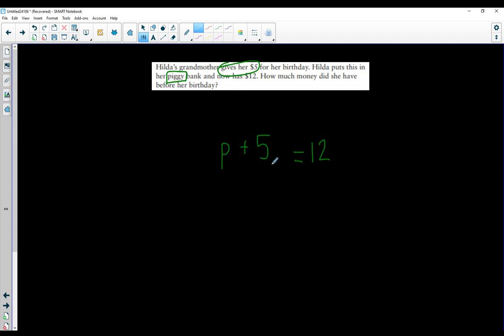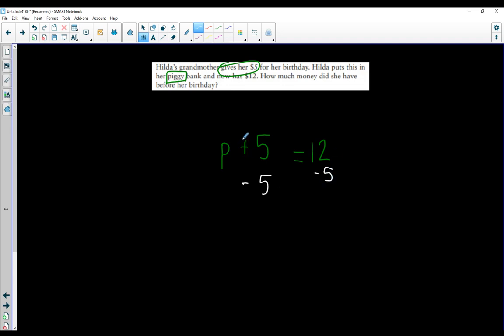So what is the opposite operation of add 5? It would be subtract 5. If we subtract 5 from this side, what we do to one side of the equal sign, we must do to the other side. So we must also subtract 5 from this side.